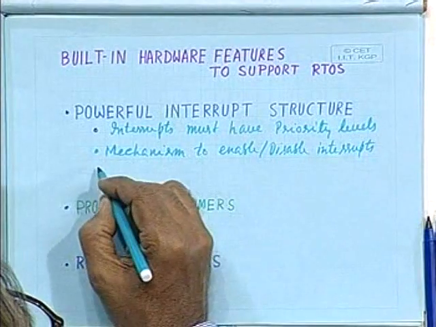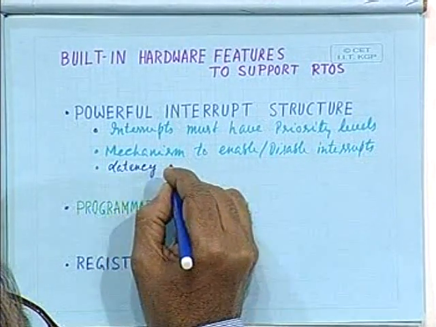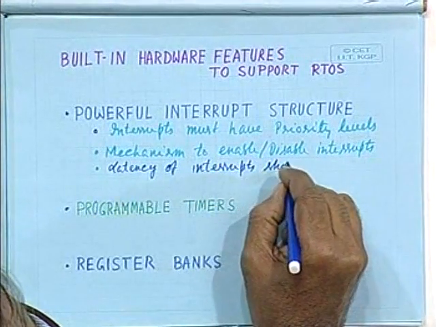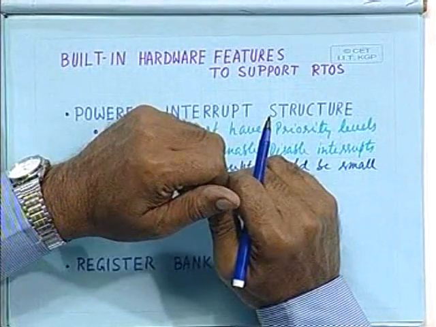Then the latency of interrupts should be small. What do we really mean by this? We know that whenever a processor is having multiple interrupts, there are interrupt priority levels. Whenever many interrupts are generated, the processor has to identify which particular interrupt has to be serviced.